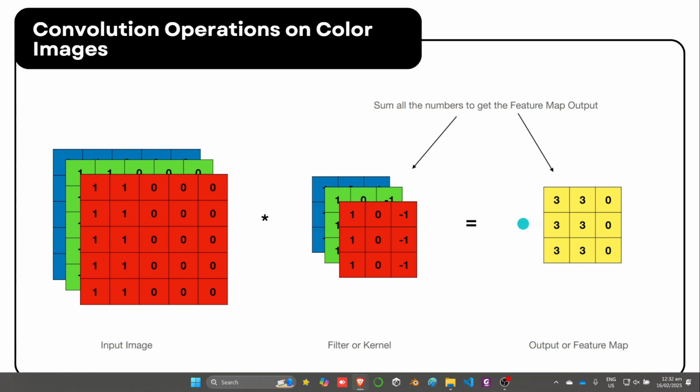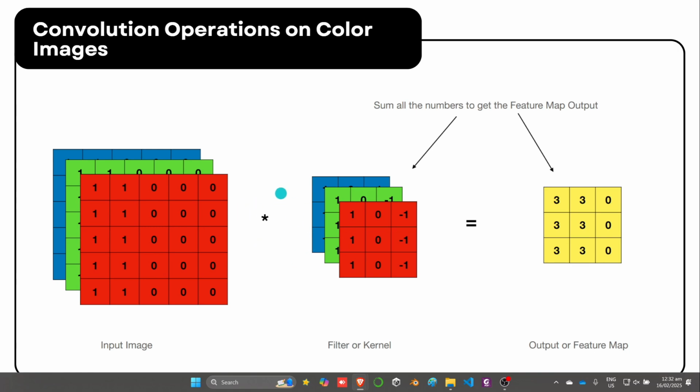A lot of times beginners have trouble understanding when there are three dimensions here. As you can see in the slide now, there are three components, and we do have three kernels, one for each color. I'll tell you why that's important.